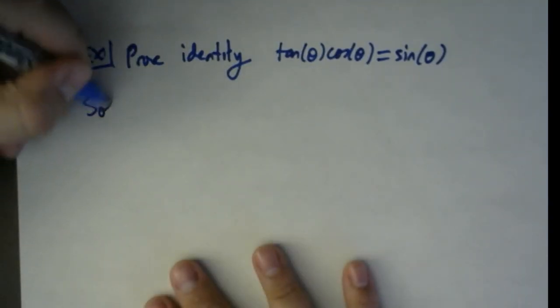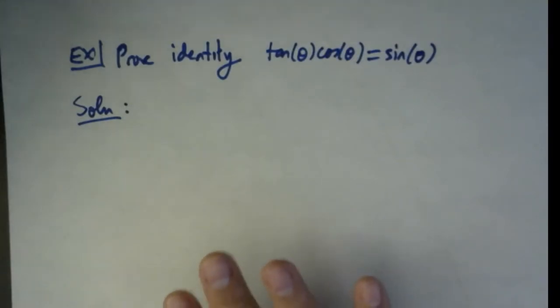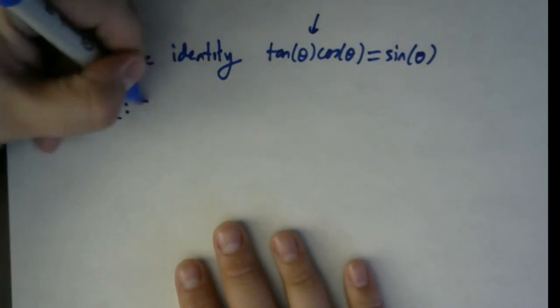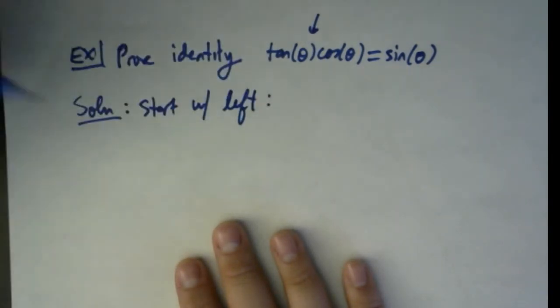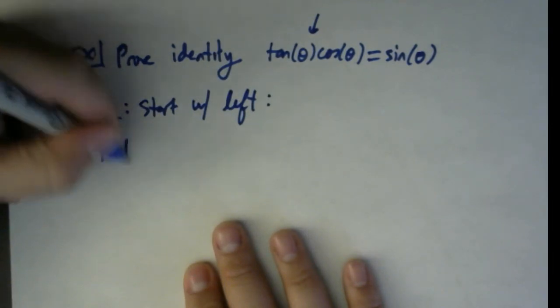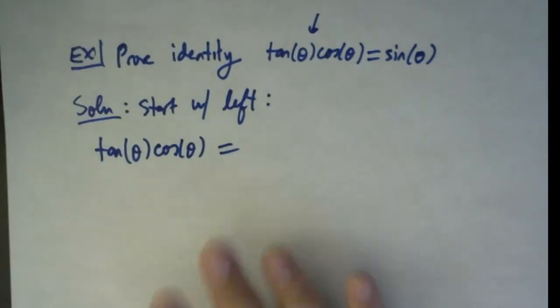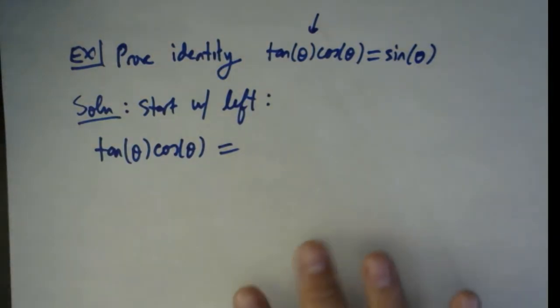Again, my thought process here is that I picked the more difficult side to start with, and in this case that is the left side. So I'll start with the left and try to arrive at the right. Tangent theta times cosine theta. My general advice of rewriting everything in terms of sines and cosines is good here.